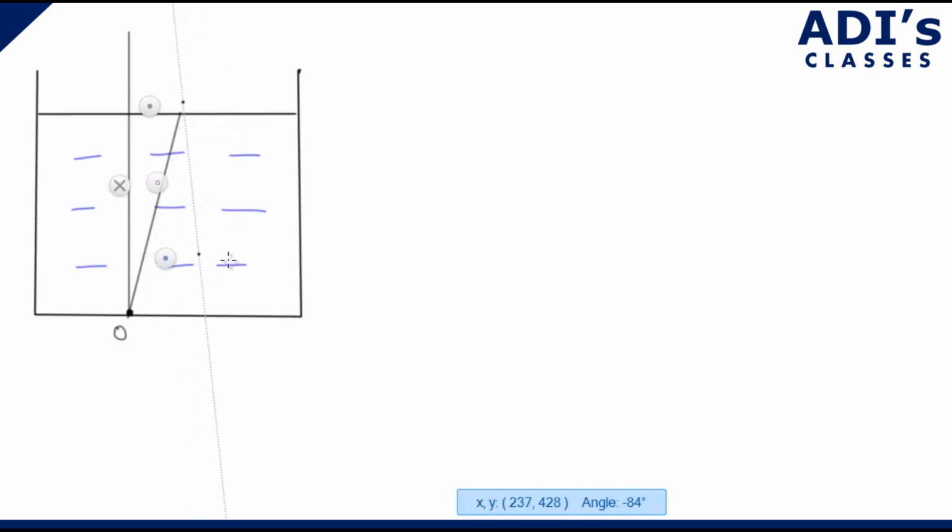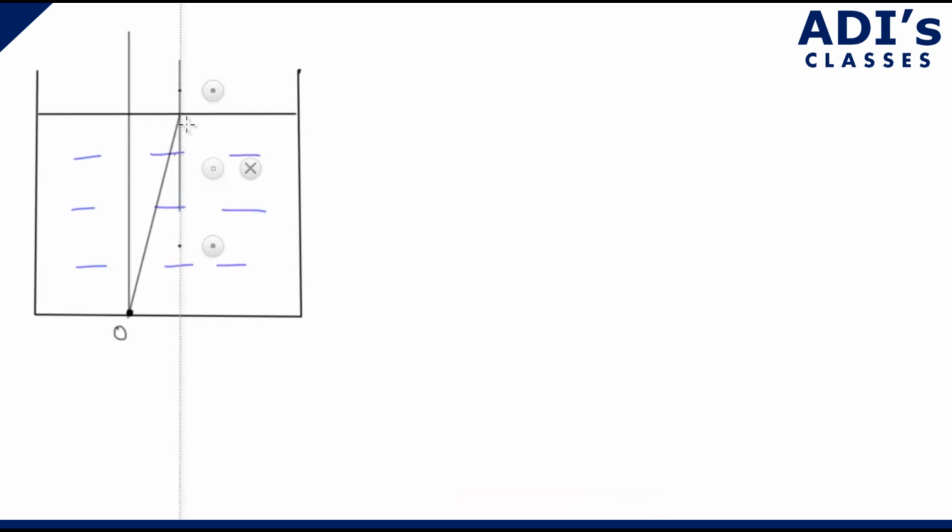Now at this point we need to draw a normal. So we have this to be the normal. Since the ray of light is coming from a denser to a rarer medium, the refracted ray will be moving away from the normal, like this.